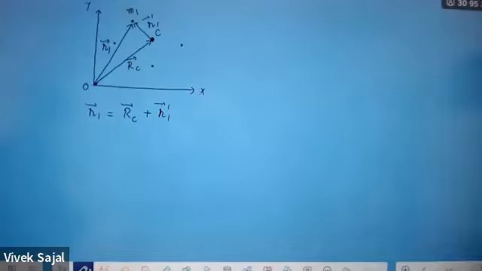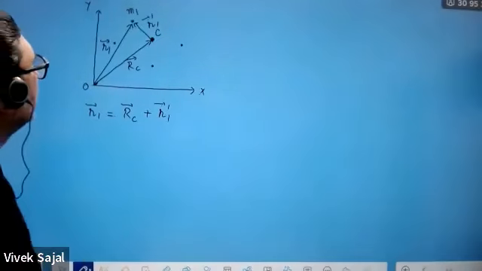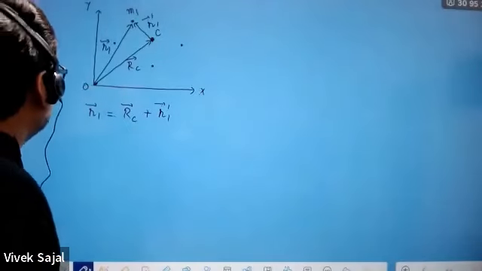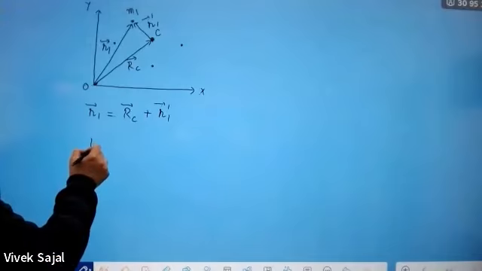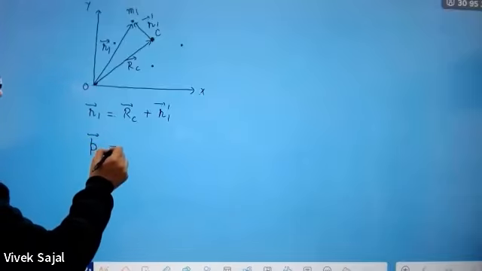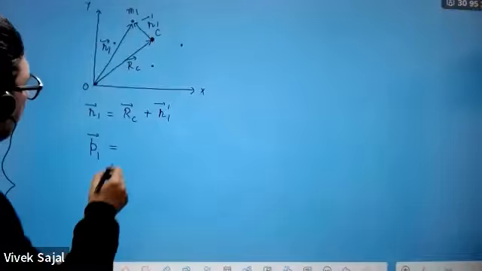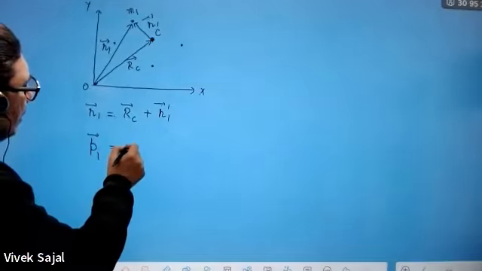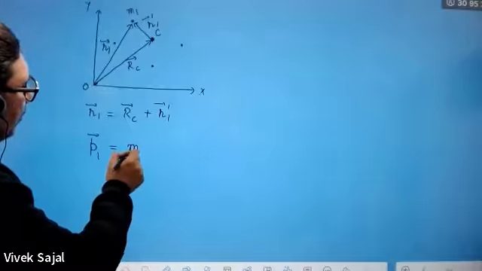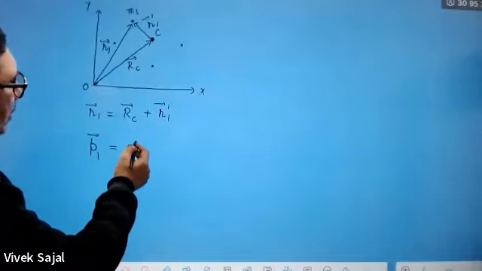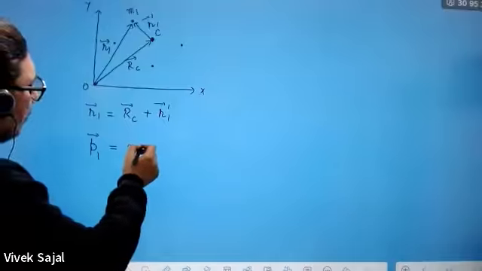This is R1. So what will be the momentum of the first particle, P1? What will be the linear momentum of this particle? Try to understand, I will tell you how you can find it out.